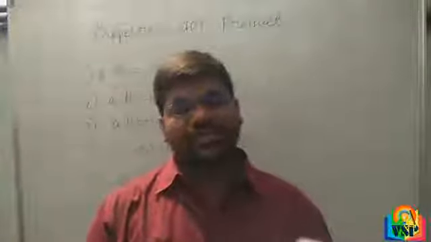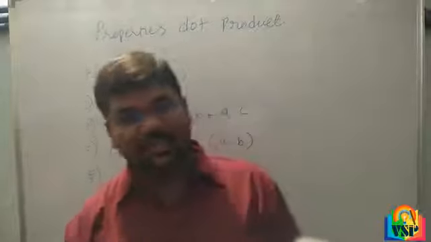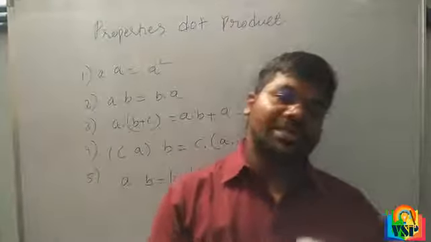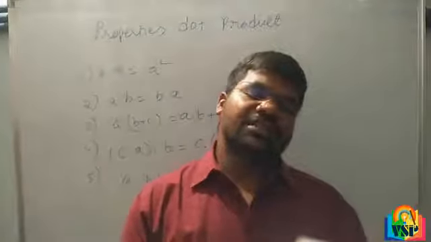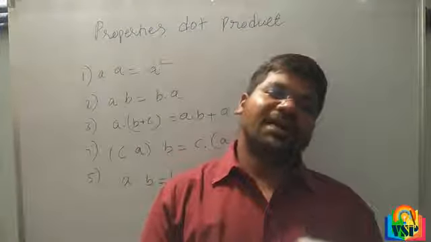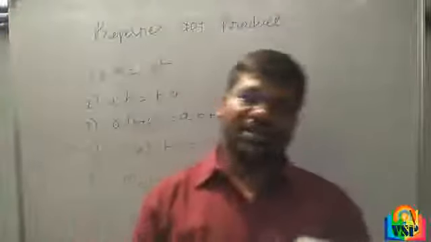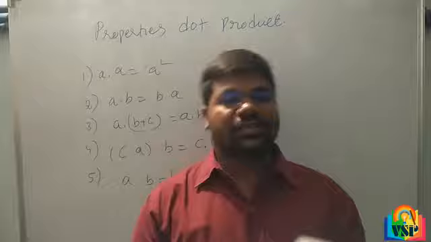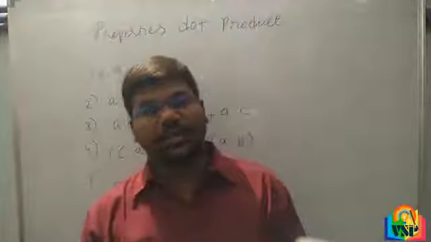Properties of dot product. Here 5 properties are there, very important. The last one also is very important. First one, A bar dot A bar is equal to A square. Second one, A bar dot B bar is equal to B bar dot A bar.